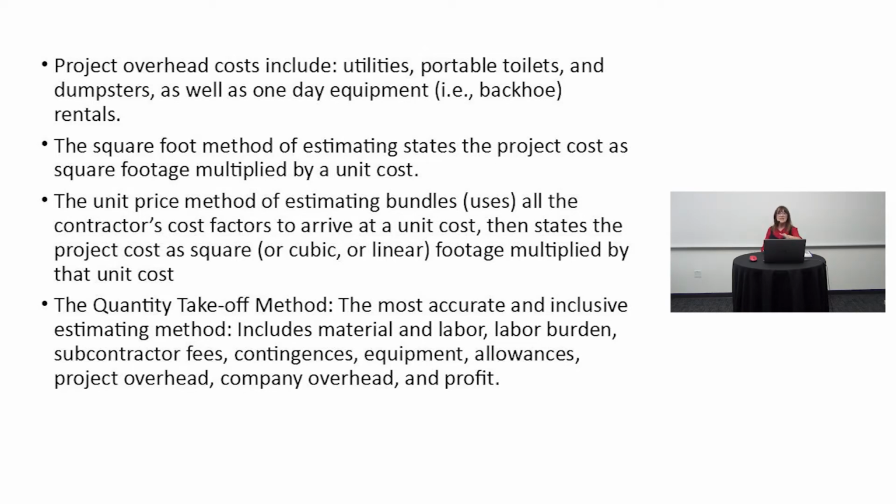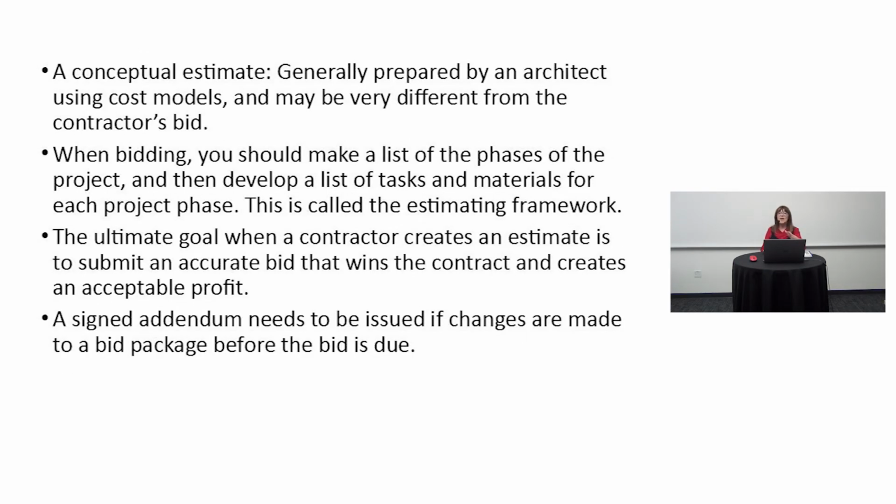That's the quantity takeoff method. That is the method we always used at Lansing Linoleum. It's a very, very common way to do estimates, very professionally. Your square foot method is the most common in the marketplace, but it doesn't allow for a lot of costs that you might have.